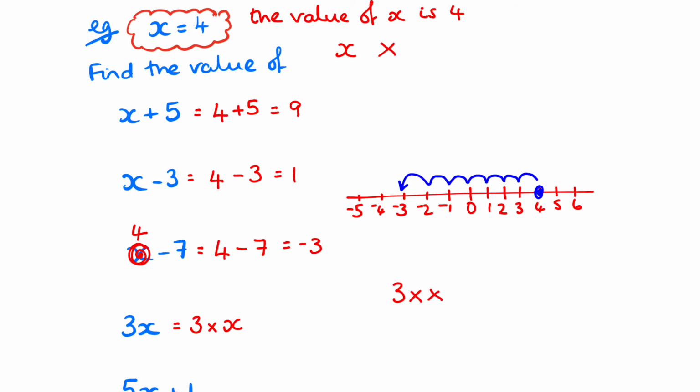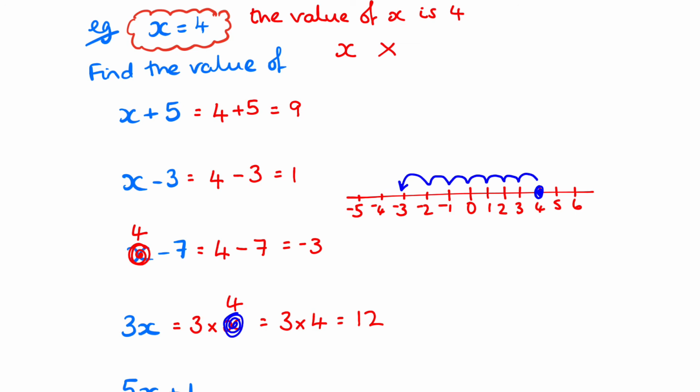We don't know if it means 3xx or 3 times times. It doesn't really make sense. So what we have to do is make it clear what's a letter and what's a multiplication sign. Now, we're working out 3 times x. X is 4, so we're working out 3 times 4. And 3 times 4 is 12, because what we did here, remember, was we swapped out the x for a 4.